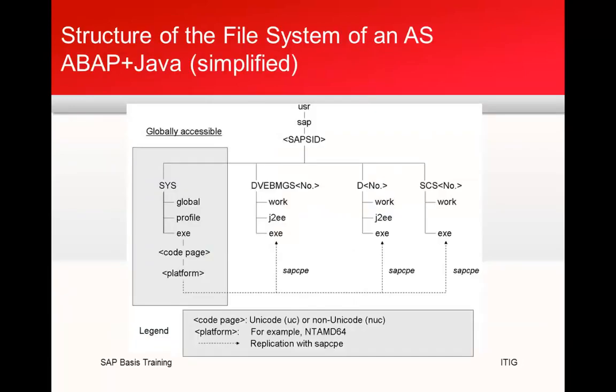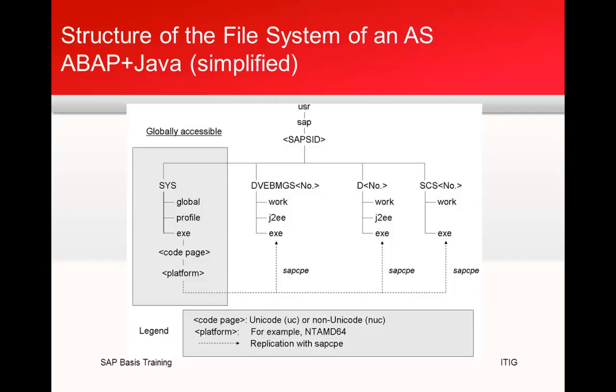Okay, let's go to the next slide where you are seeing the directory structure for an SAP system. You have usr sap, under that there is SAP SID, and you have these directories like sys, global, profile, exe. Then you have dveb, mgs 00 or 01, depending on what the system number is.